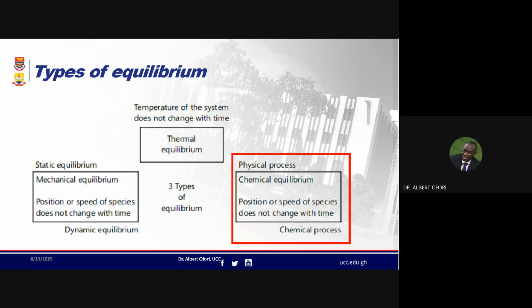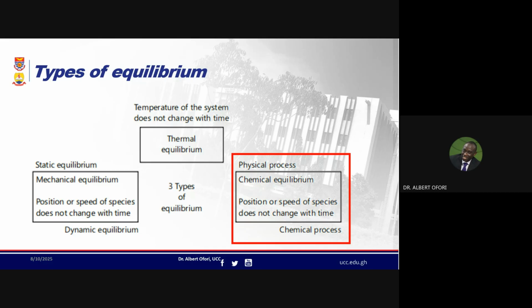The speed is the same speed which is still going. Then we'll look at the chemical equilibrium, which is our focus. We'll look at this in a reaction, whatever changes are happening in a reaction.